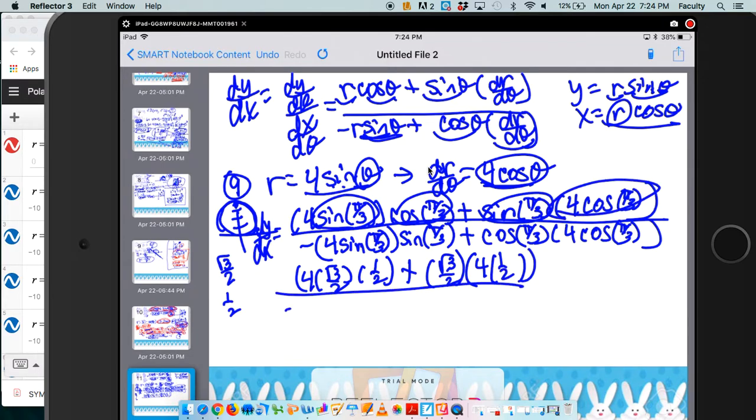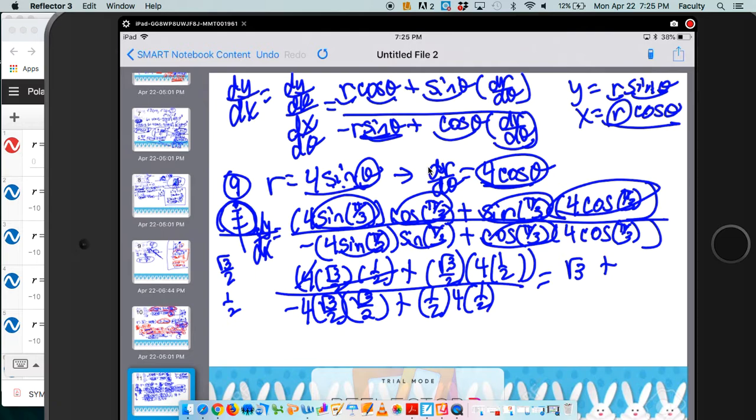On the bottom I get negative 4, sine of pi over 3 is root 3 over 2, plus the cosine of pi over 3 is 1/2 times 4 times 1/2. Be careful through all this. So these cancel, and I get root 3.